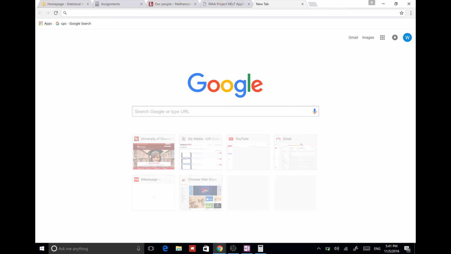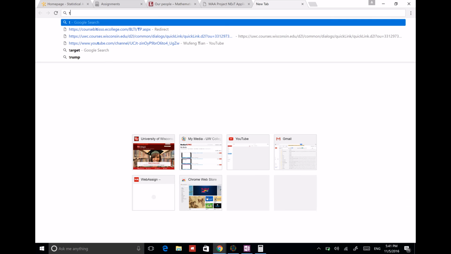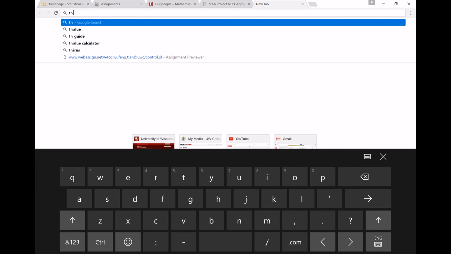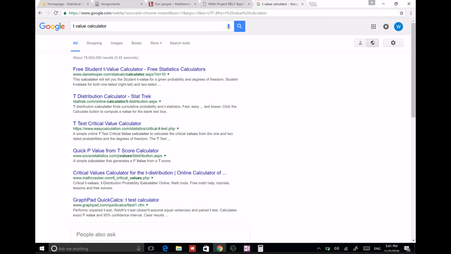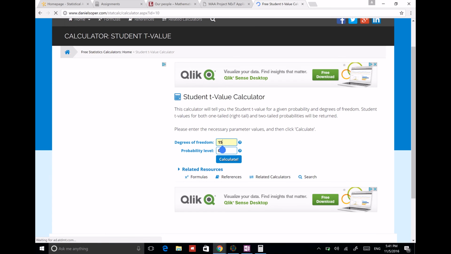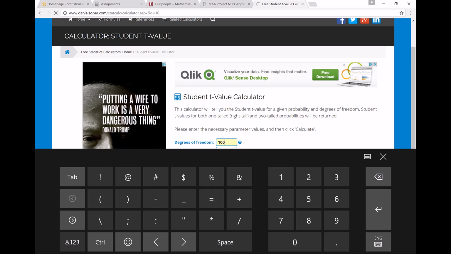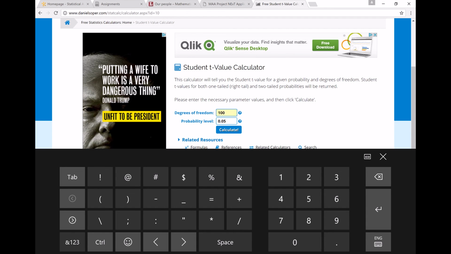Okay, so how to find t values? Search for a t value calculator. You find a free t calculator, and then enter degree of freedom 100, and probability level 0.95.